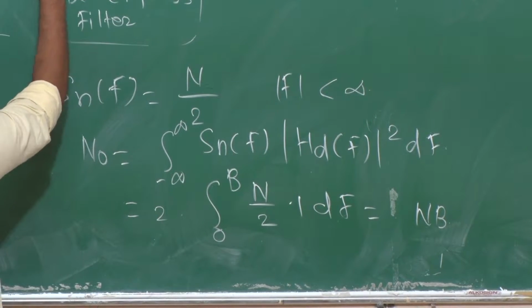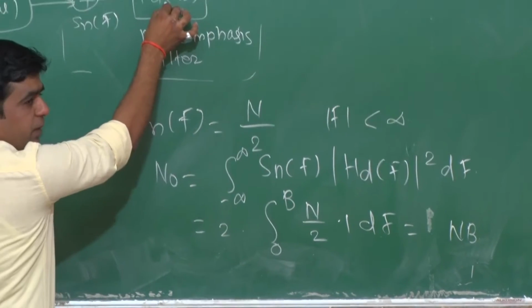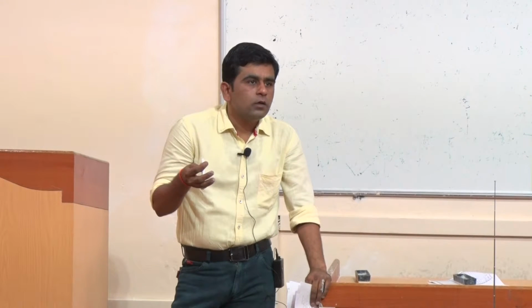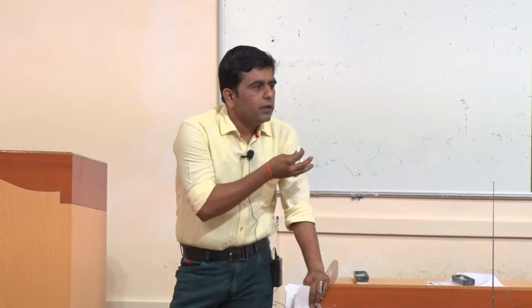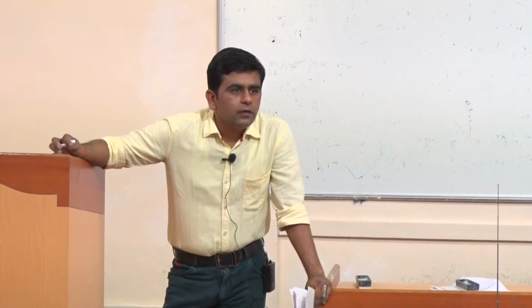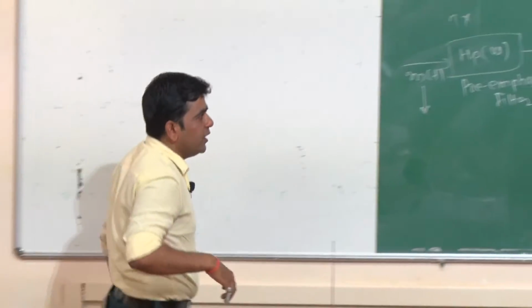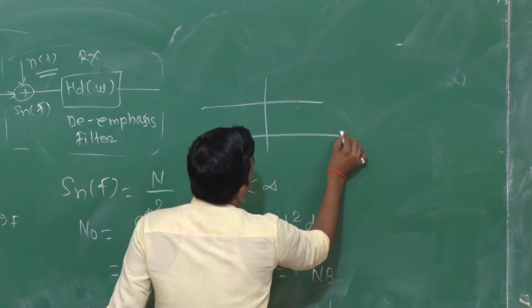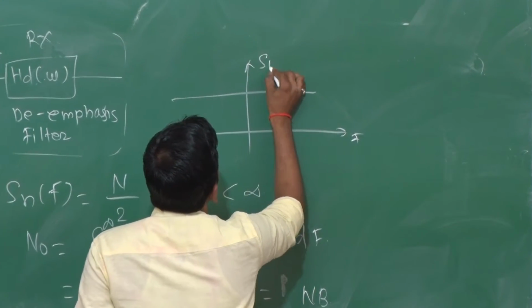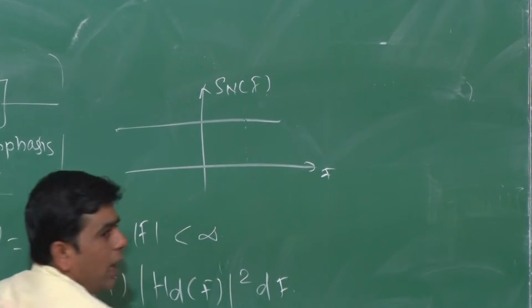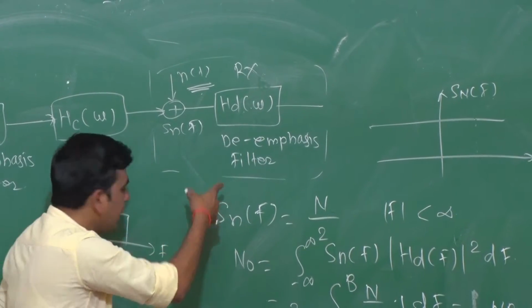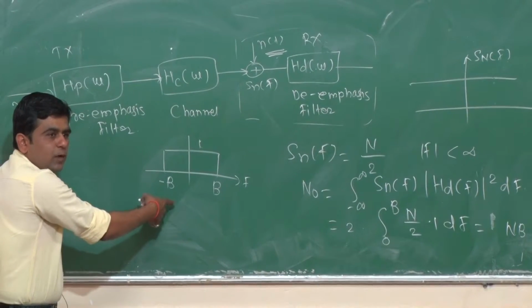Here this noise is input to your de-emphasis filter, that is the receiver. Before the de-emphasis filter, it has a power spectral density which is uniform for all the frequencies. This is the power spectral density for your noise. It is filtered by the filter which has the response in this way.